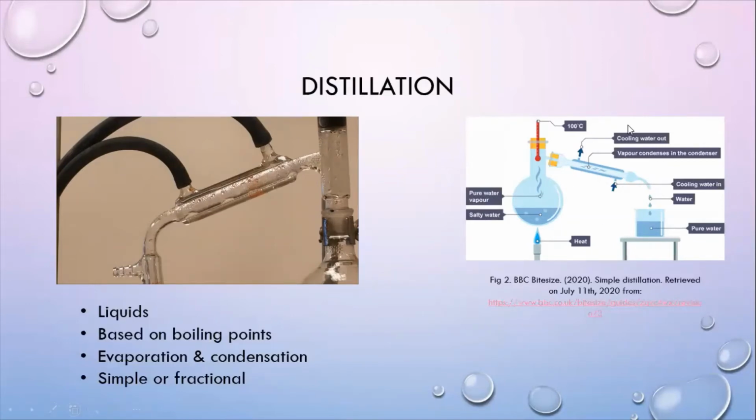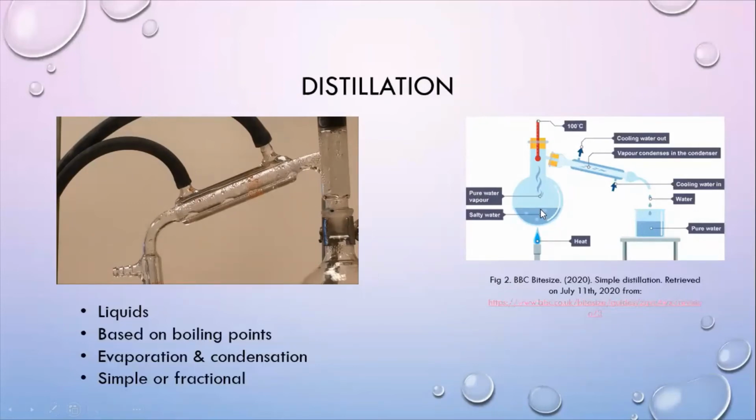In this scheme, what you see is the whole equipment we use in the lab. One example of this applied to real life is the distillation of salty water that we extract from the sea to purify it. So basically, salt has a really high boiling point, more than 800, and water has a boiling point of 100.